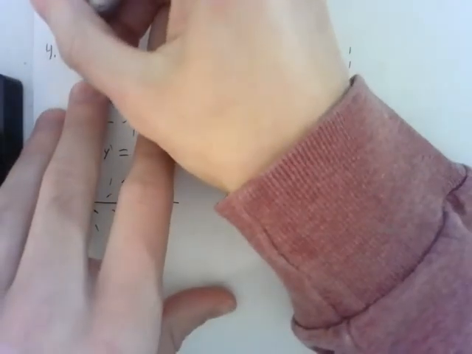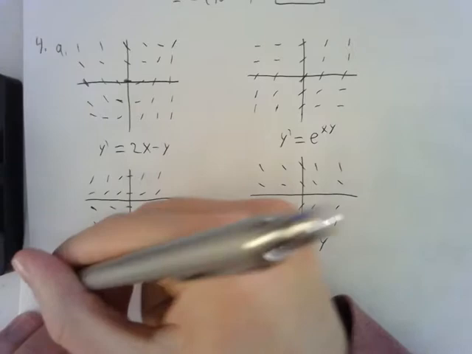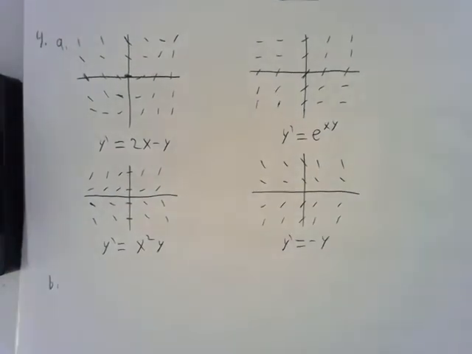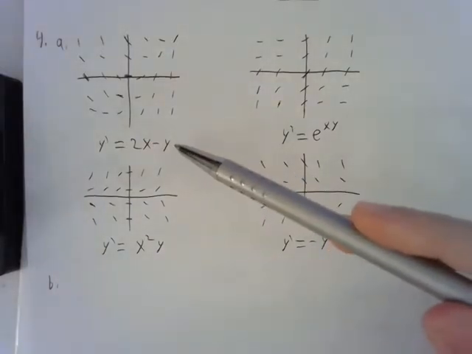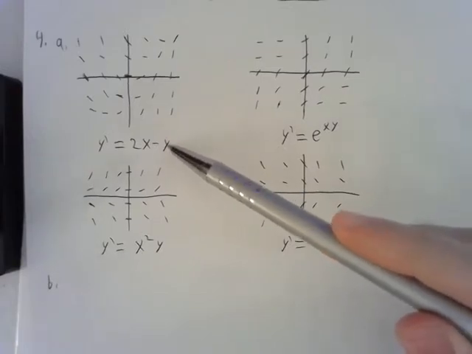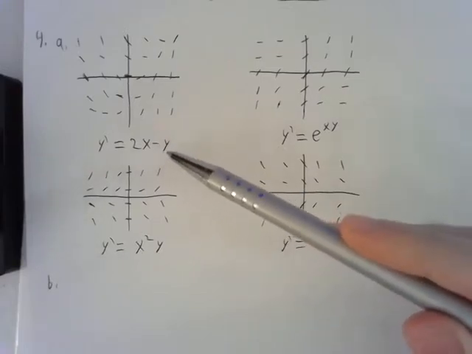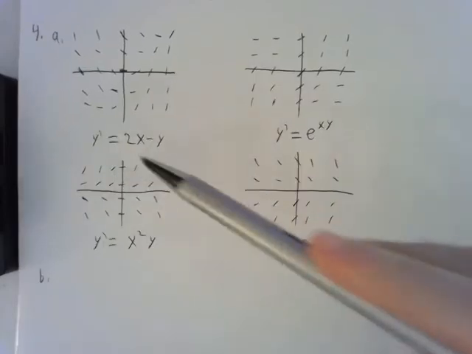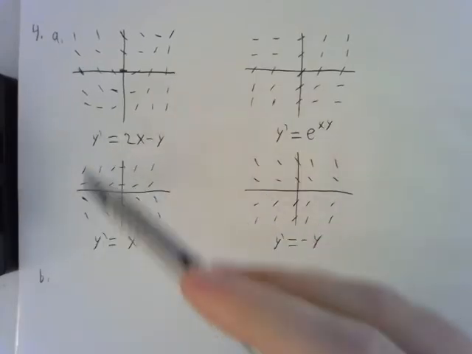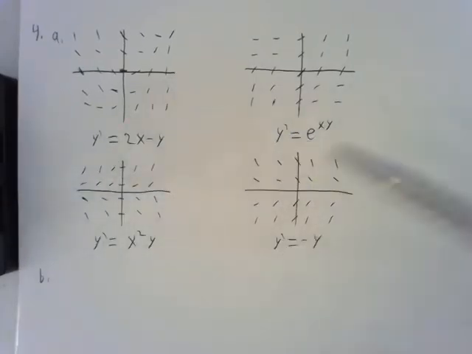So this was part A of the problem. Part B asks us to identify which of these is separable and then solve them using separation of variables. So y prime equals 2x minus y is not separable because we have this subtraction sign here. We could add y to the other side, but then it wouldn't be something dy equals something dx.